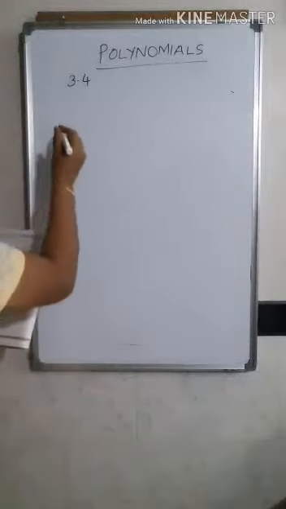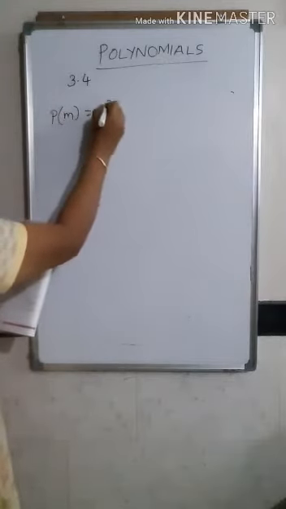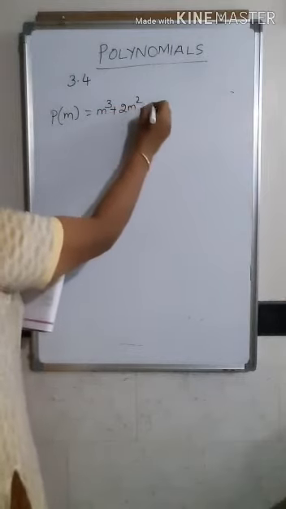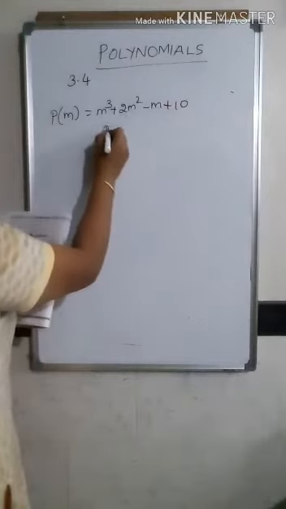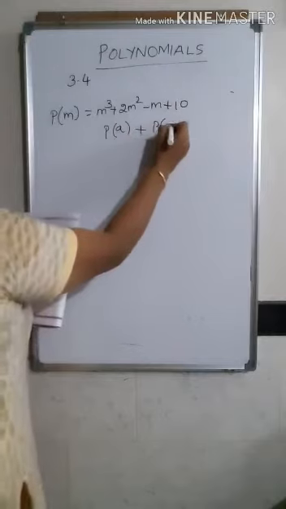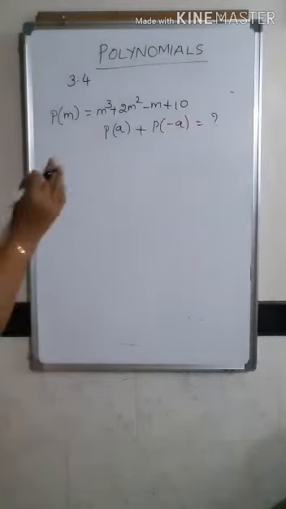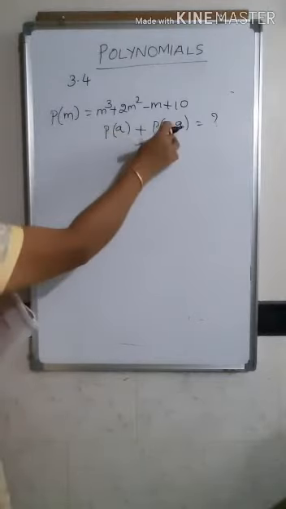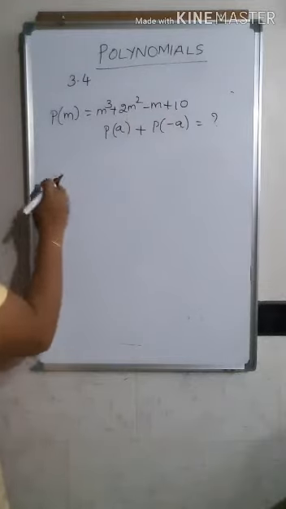They have given, if p of m is equal to m cube plus 2m square minus m plus 10, then you have to find p of a plus p of minus a. So first substitute in place of m as a, then substitute in place of m as minus a, and add both.